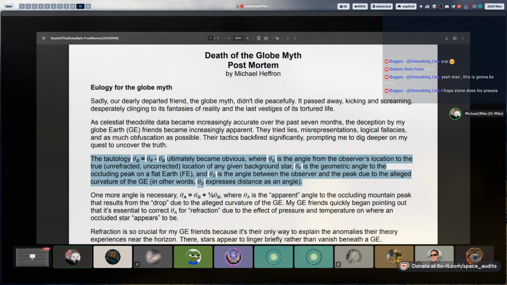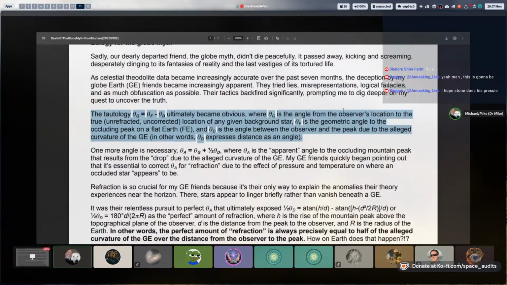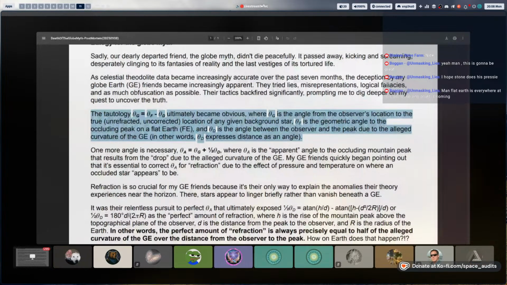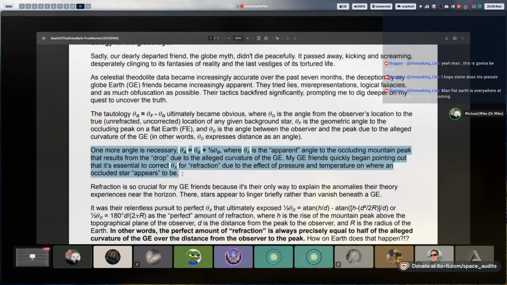And the distance angle is defined later on as the distance times 360 degrees over 2 pi r. So it's just the distance expressed as an angle. And another important angle is the apparent angle. This is the one we have been talking about extensively for it seems like months now.